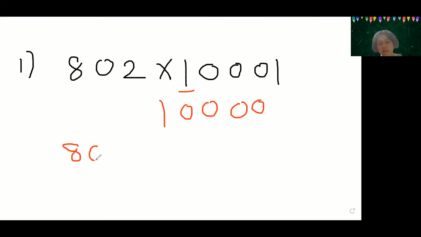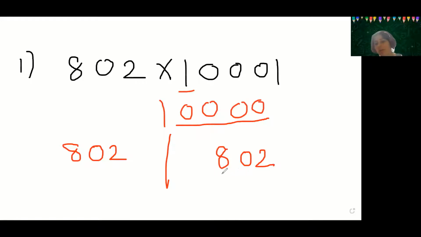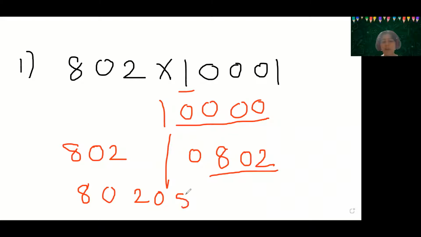So I will write 802 and 802 two times. Now there are 4 zeros and 3 digits. So we need to add a 0 with this number because we have to equalize the digits. As many zeros are there, we have to equalize the number. So 0802, 0802 is the answer. I hope it is clear.